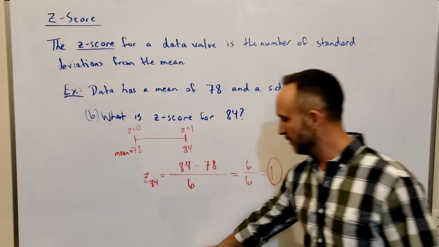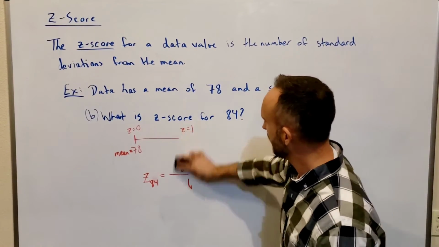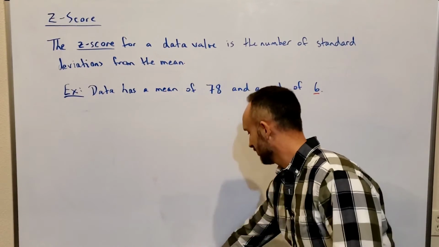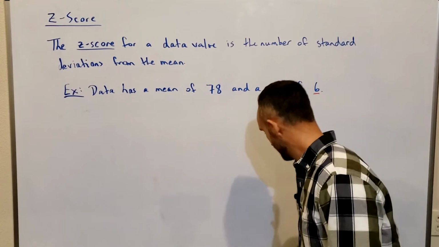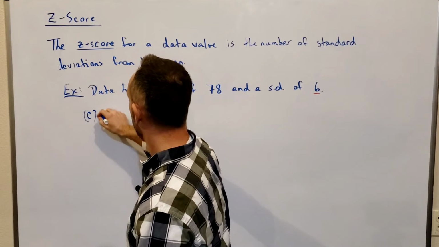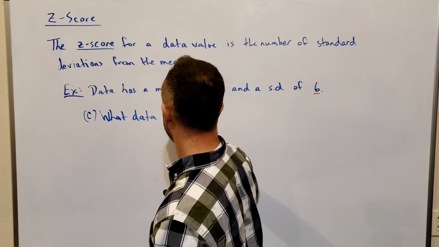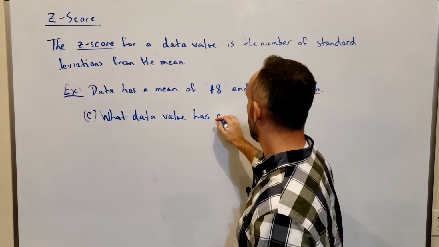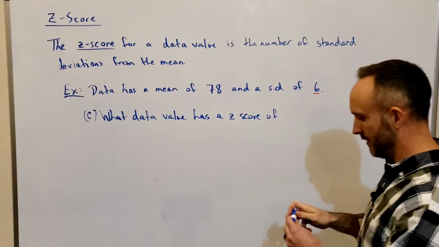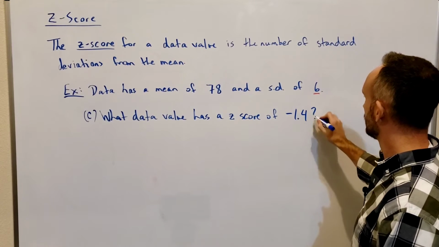Now the next couple examples, I want to focus more on how to do this if we don't have an even number of standard deviations. So question C, what data value has a z-score of -1.4?